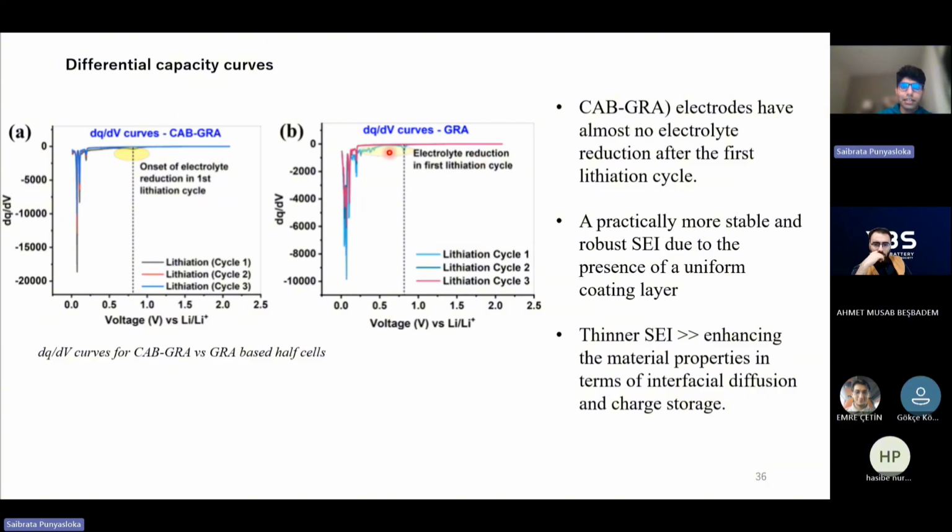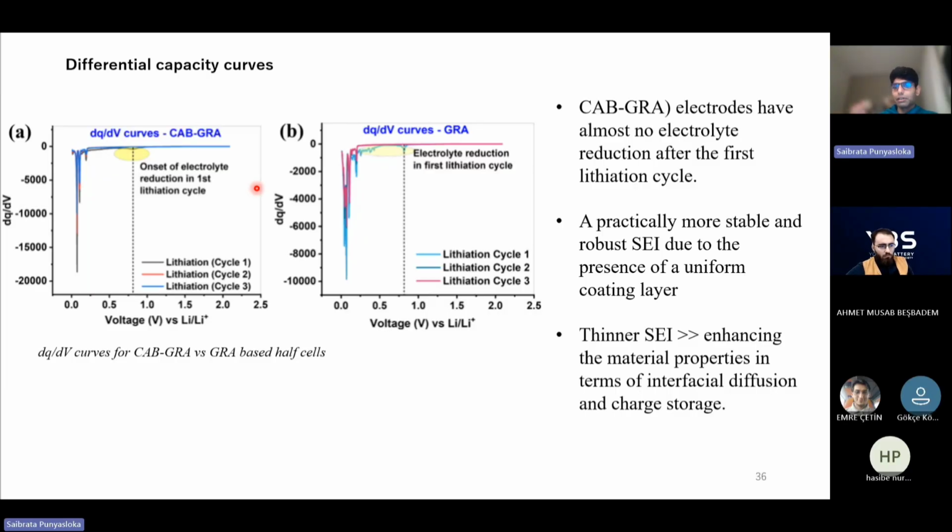You would see a lot of peaks if there is any chemical reaction taking place. In graphite there were a lot of peaks, but not when we coated with CAB graphite.